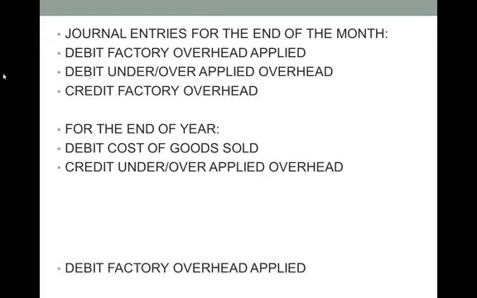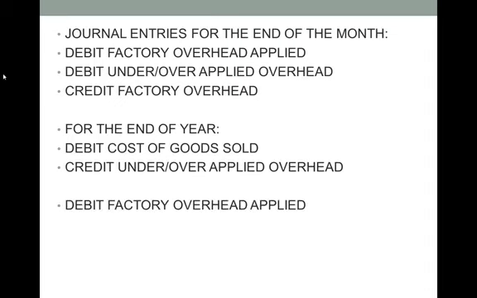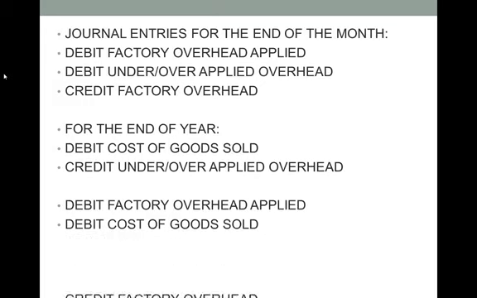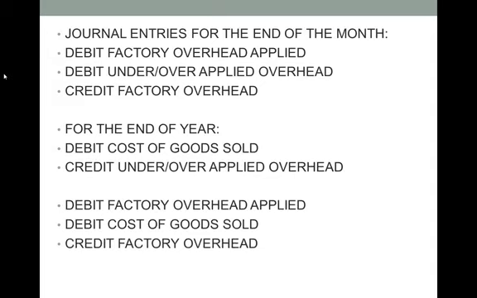And this is the total entry that we need: debit factory overhead applied, debit cost of goods sold, and then credit factory overhead.